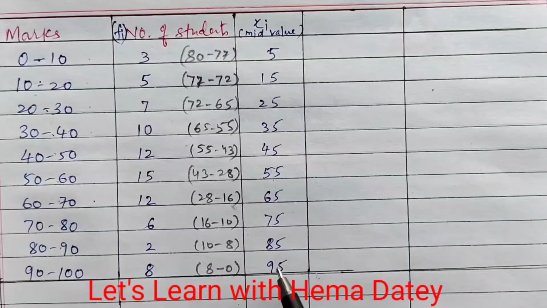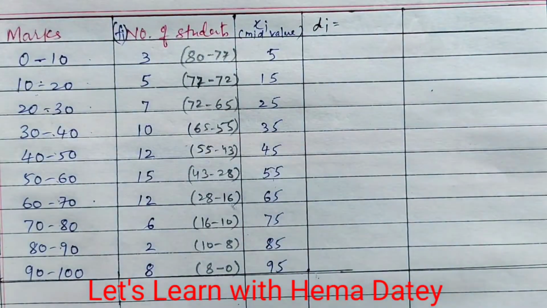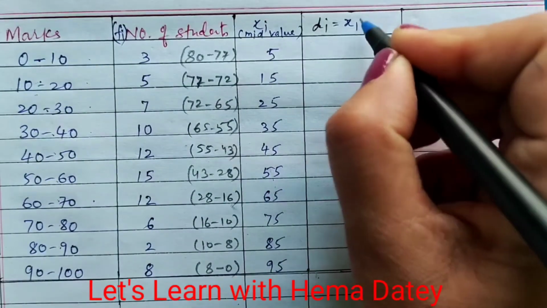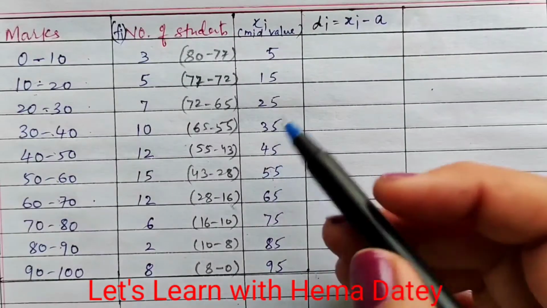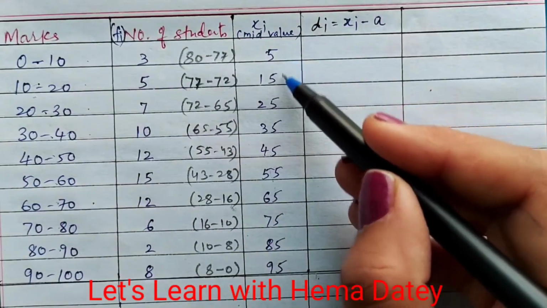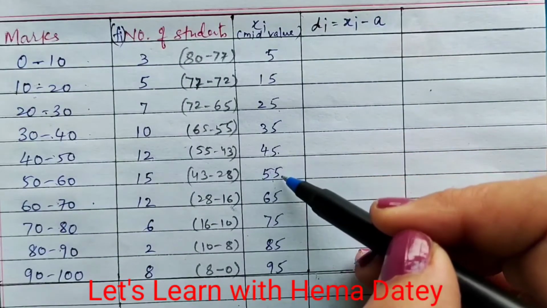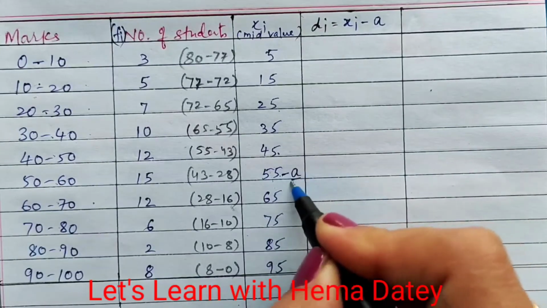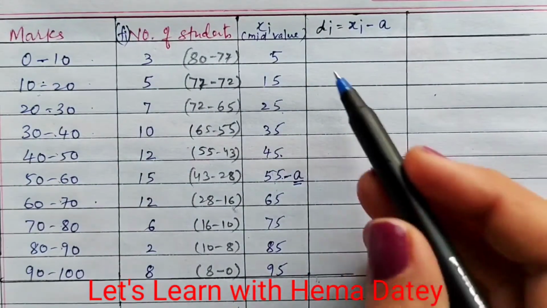I have made one more column di, which is equal to xi minus a. What is a? a is the assumed mean. So how to choose the assumed mean? We have to see the mid values. In this there are total 10 numbers, so you can take this number or this number. I am taking this as a, and I will find the values of d1, d2, d3 and so on.